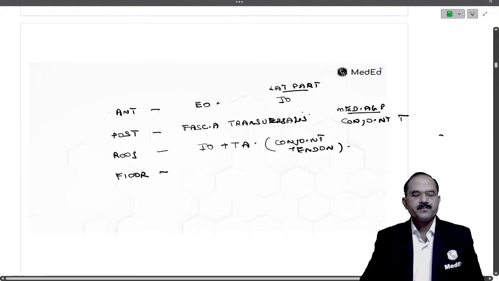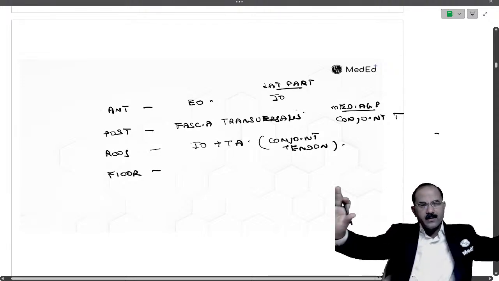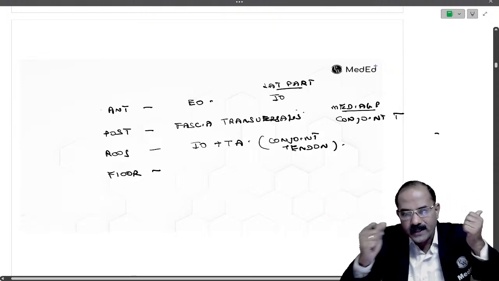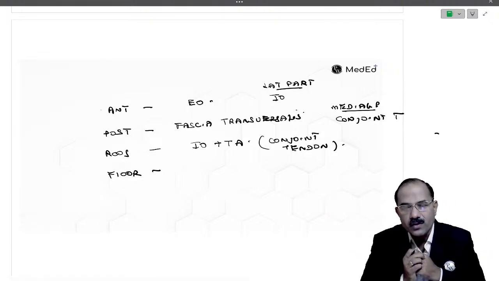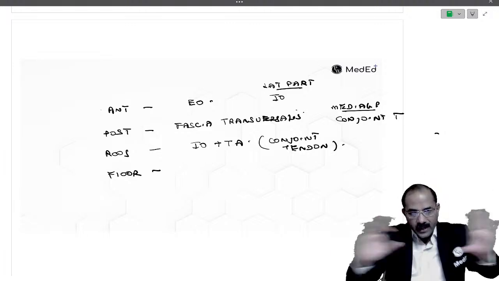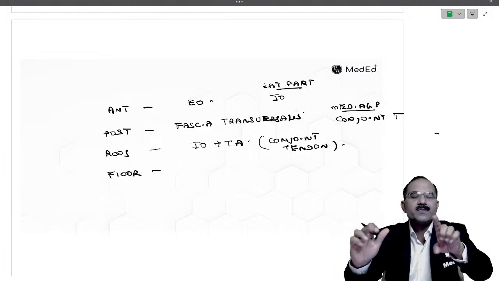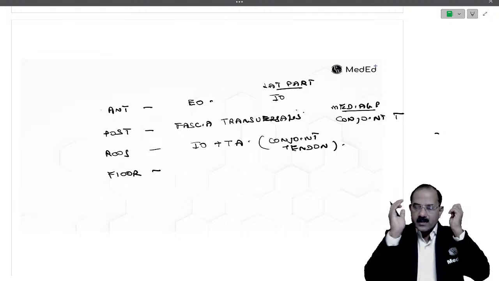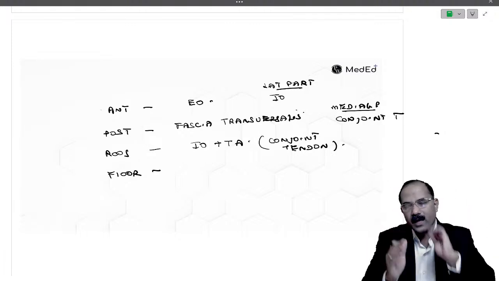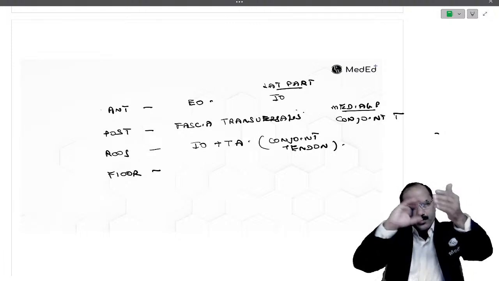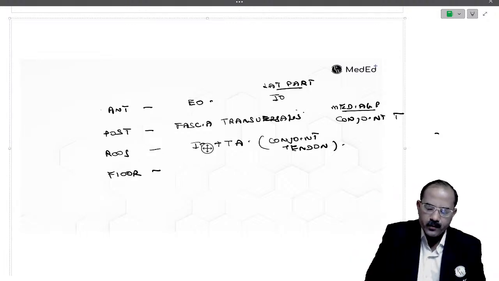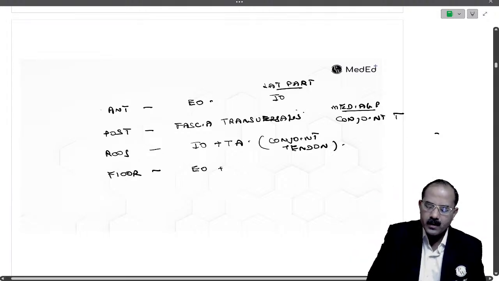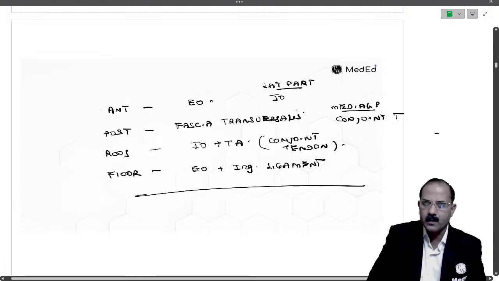So anterior wall in its entire extent is formed by external oblique; in its lateral part, internal oblique. Conjoint tendon is internal oblique and the transverse abdominis. The roof is formed by conjoint tendon, and the floor is formed by the external oblique and inguinal ligament. Clear?